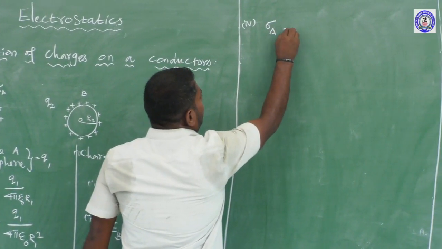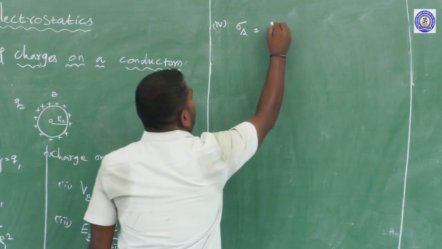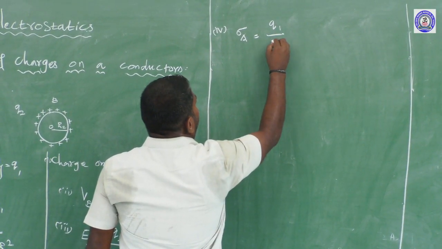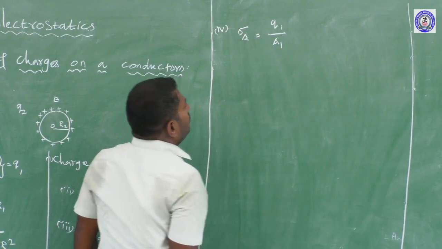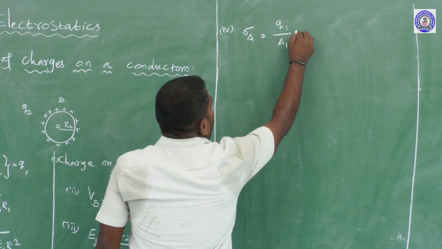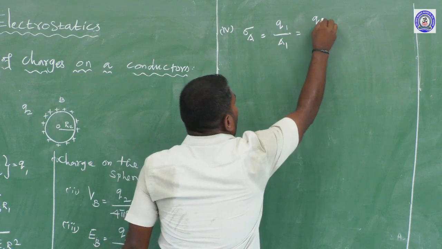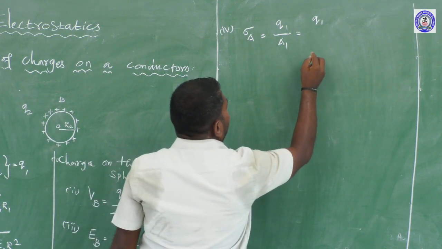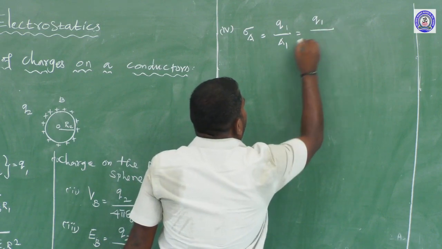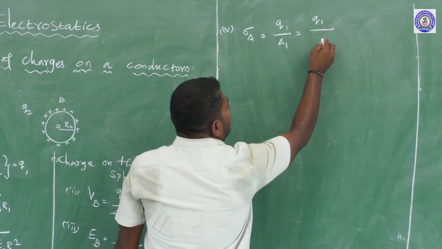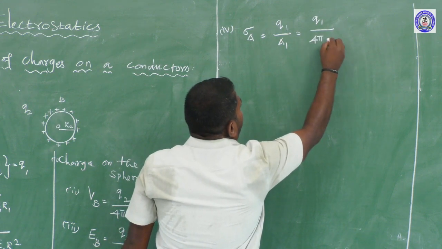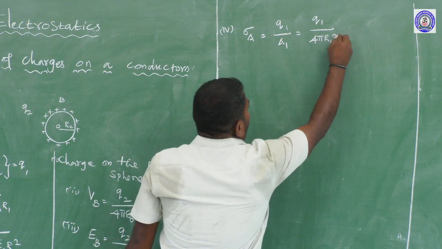It is equal to Q1 divided by A1, where Q1 is the charge uniformly distributed on the surface of the A metallic sphere, divided by A1, the surface area of the A metallic sphere, 4 pi R1 square.